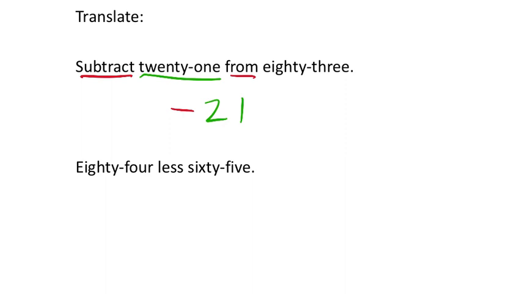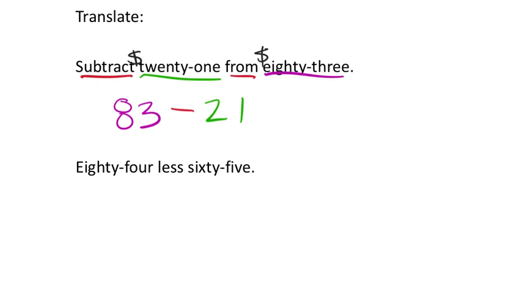And again, the order would matter because we're subtracting from 83. So you'd have to start with 83 and then take away 21 from that. Since order does matter on this one, if it helps you to say, well, subtract $21 from $83, maybe that helps you figure that one out, okay?